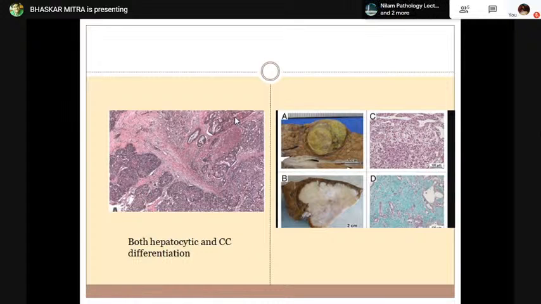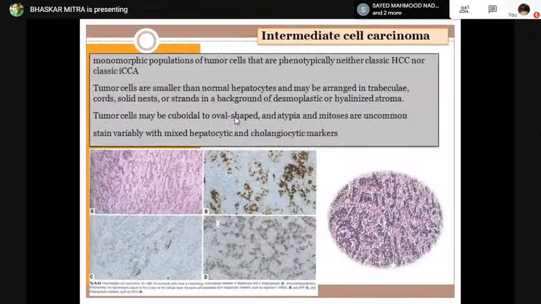So two types of tumor merging together, and one more confusing, that is the intermediate type. So there is a monomorphic population of tumor cells. Phenotypically, they neither show the classic HCC nor the classic intrahepatic cholangiocarcinoma type. These tumor cells are small, arranged in trabeculae, cords, and small solid nests in a background of desmoplastic stroma.